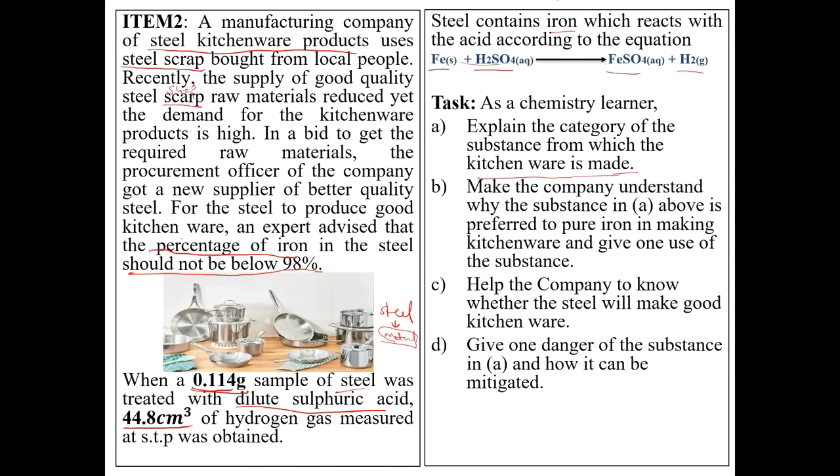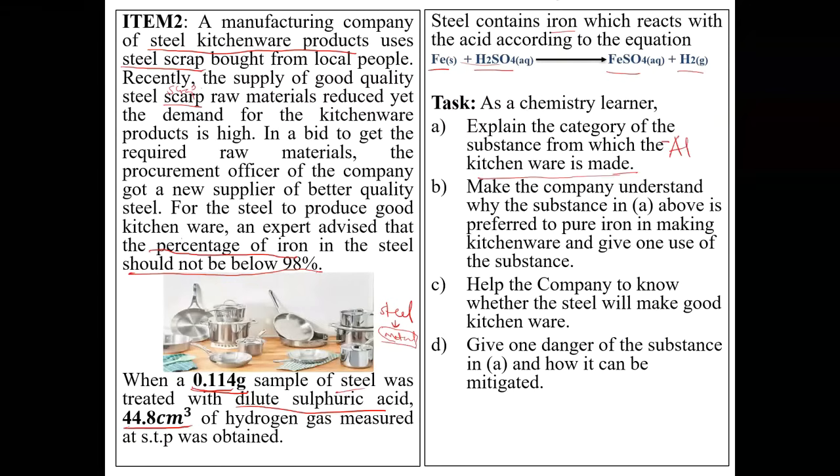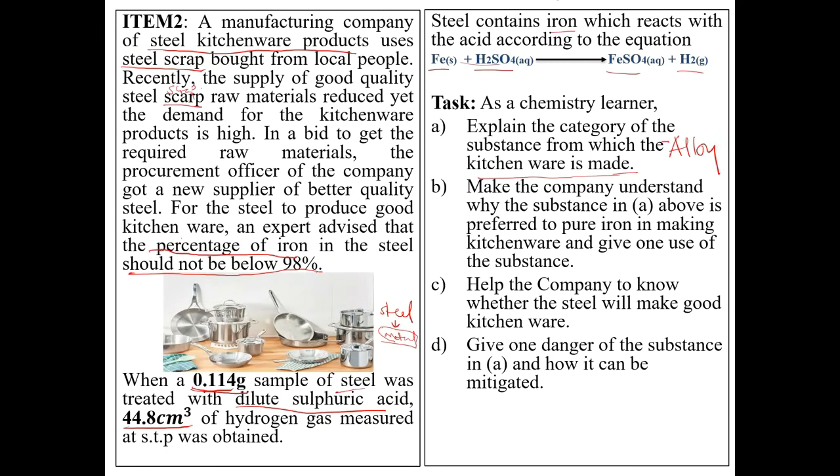That's why we looked at the other one. So steel can be categorized as an alloy, because steel comprises iron and carbon. It has these two, iron and carbon. So we say steel is an alloy. And of course, we don't end there.